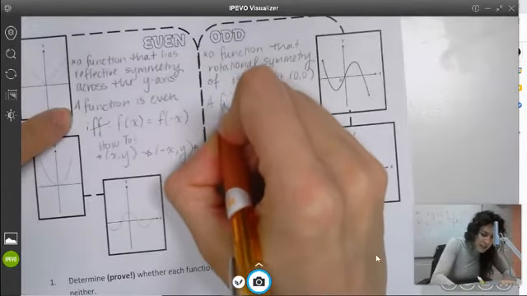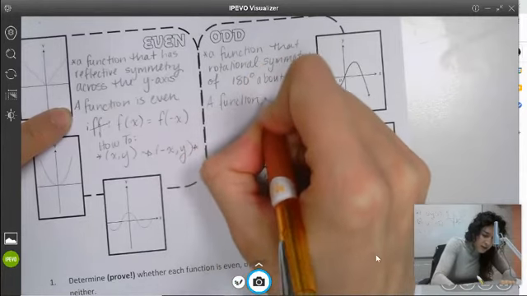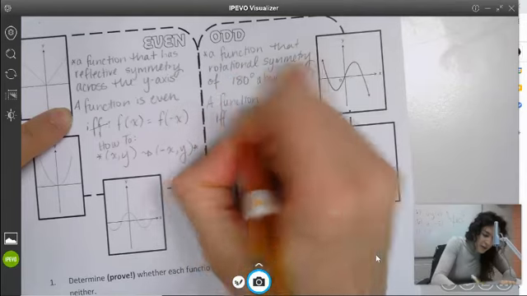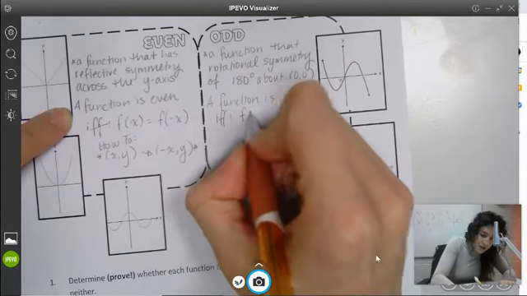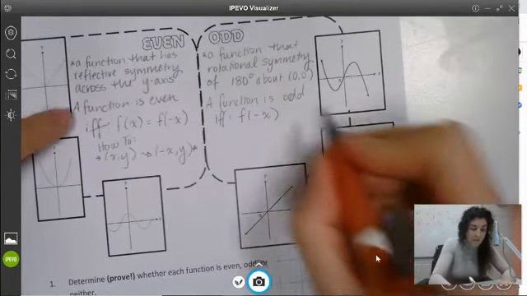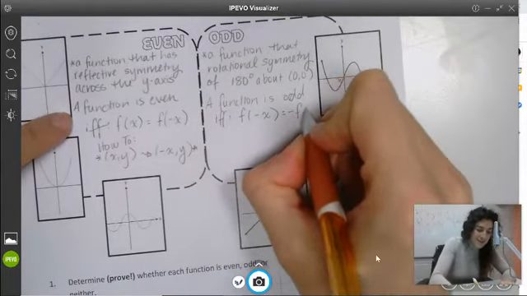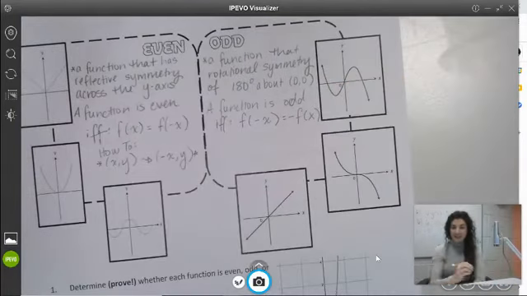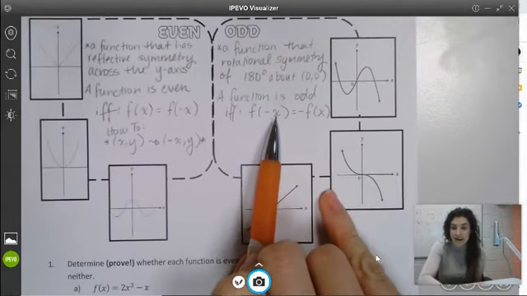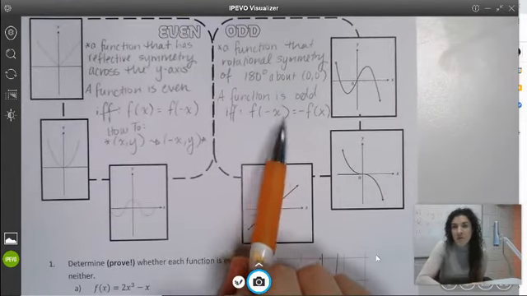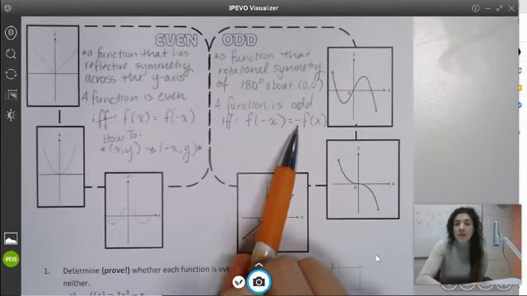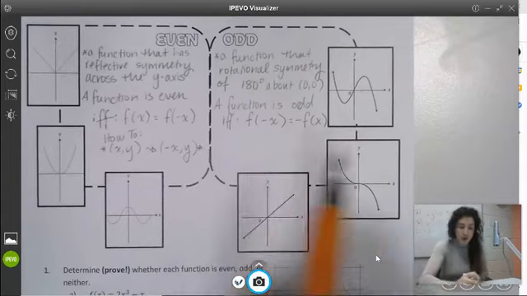The official definition is a function is odd if and only if f of negative x equals negative f of x. What that means is if you plug in negative x for all of your values, what it will give you back is the fully negative counterpart to your original function.